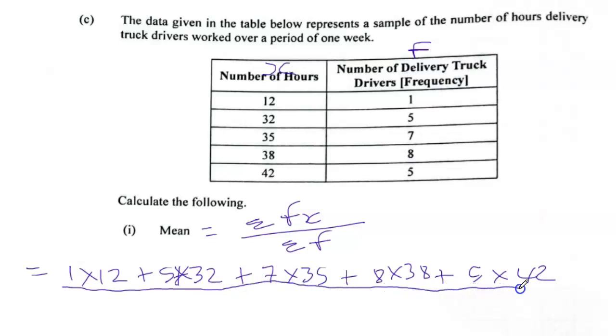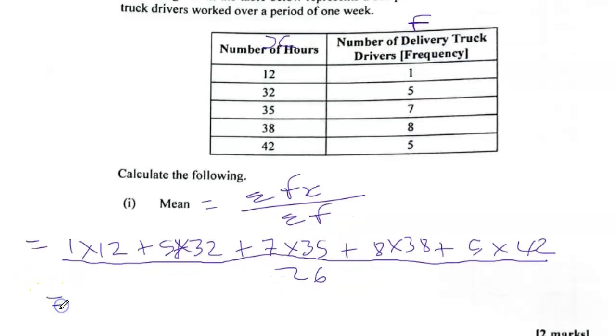In the denominator is the number of delivery truck drivers. So we add up the frequencies, and so we add 1 and 5, 6 and 7, 13, and 5, 21, and 5, 26. That's 26.